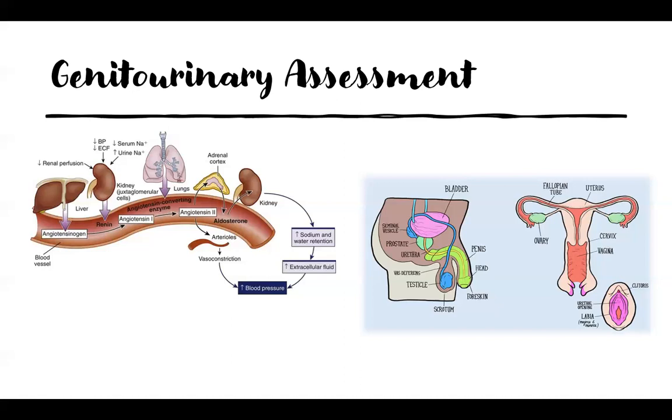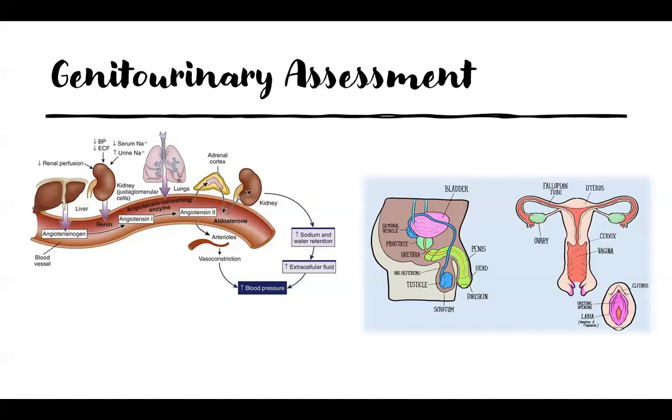The kidneys also help to convert vitamin D to its active form for absorption of calcium, and help to excrete water-soluble medications and medication metabolites. An important thing to note is that the minimum urine output we're looking for in our patients is 30 mLs per hour. So we start to get concerned if a patient doesn't have that minimum output.